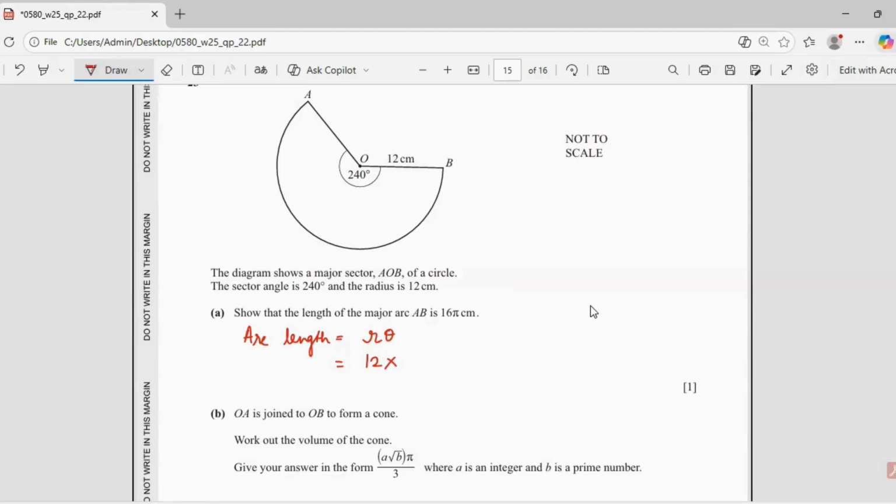This is basically theta in degrees divided by 180 degrees, times pi. This is equal to 12 into... theta is 240.